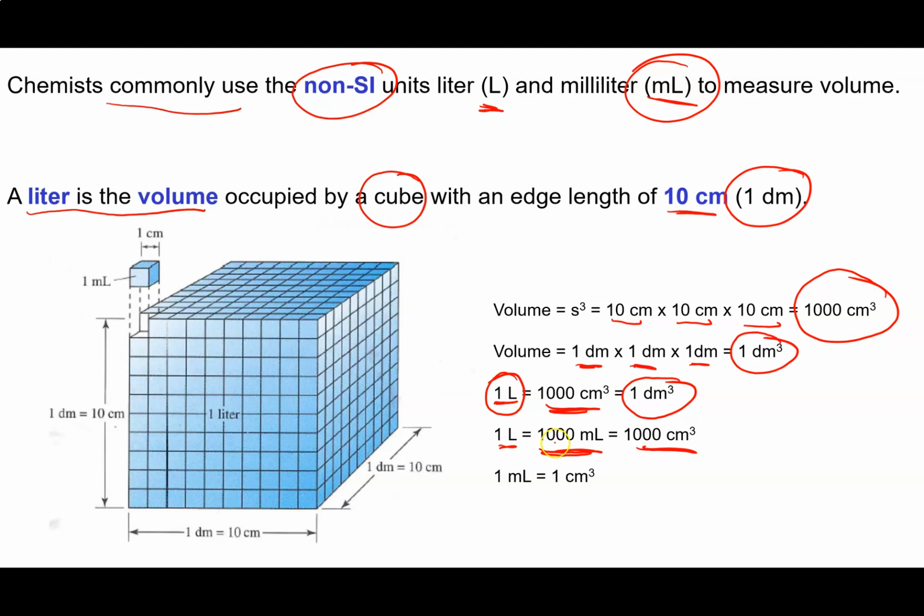So you can see pretty quickly that 1,000 milliliters is equal to 1,000 centimeters cubed, or a milliliter is exactly the same thing as a centimeter cubed. So let's write some things here. 1 liter is exactly the same as 1 decimeter cubed. And 1 milliliter is exactly the same as 1 centimeter cubed.